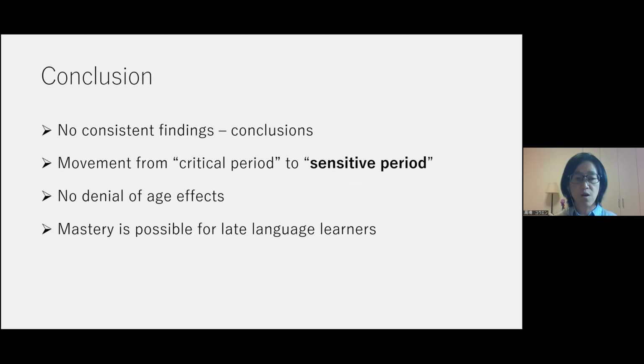But all people doing research in this area seem to have found age effects for language learning. And some people, especially in more recent research, found that mastery of learning a new language is possible even for late language learners.